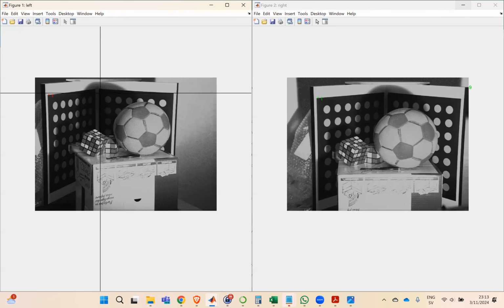So like this. 2, 3, 3. So this is the corner of the box. 4, 4.